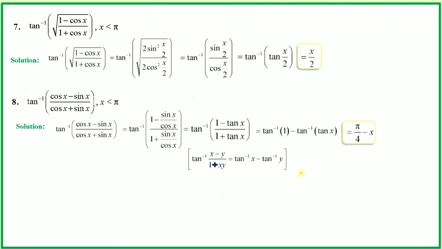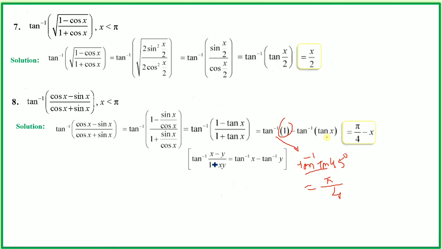How is it? I explain here. Tan inverse 1: when tan gives you the value 1, it is tan 45 degrees, pi by 4. So in this case, tan and tan inverse are removed, and you have pi by 4.